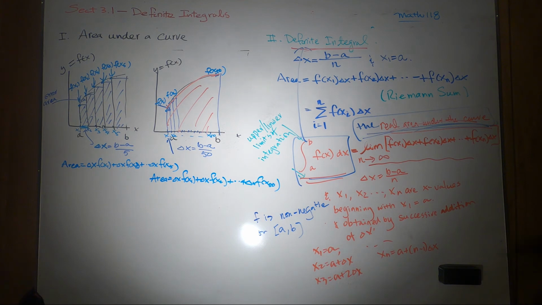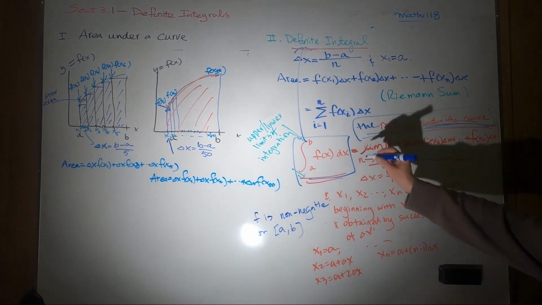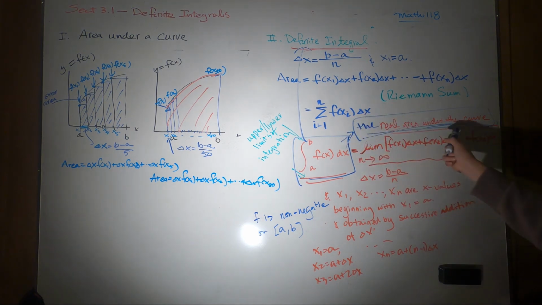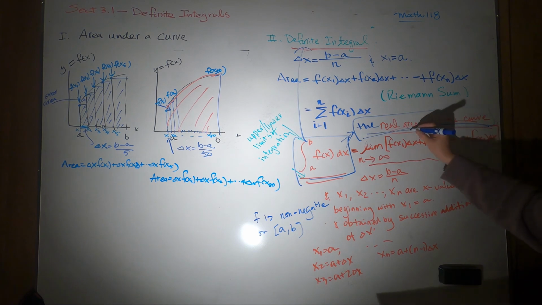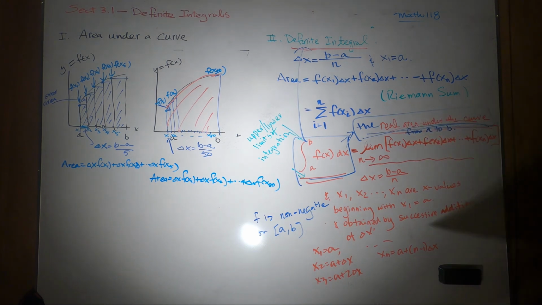Okay? So that's what we are doing. This symbol is the area under the curve from a to b. That's what we are talking about.